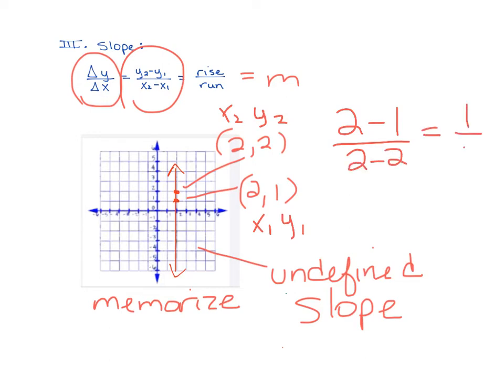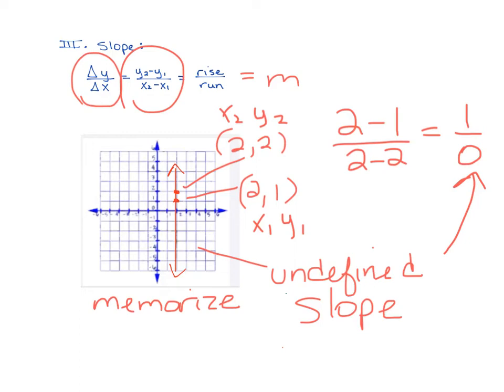After you subtract, if you end up with a 0 in the denominator, this is an undefined situation, because remember yesterday when we were finding the domain and we were checking all those fractions to see where the denominator would be a 0? So when you get a 0 in the bottom of your fraction, the slope is undefined.